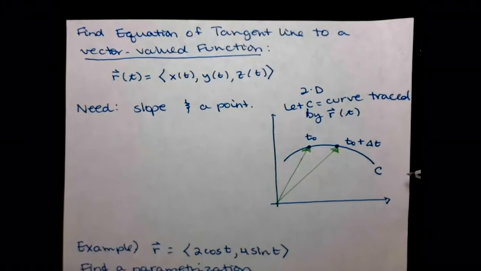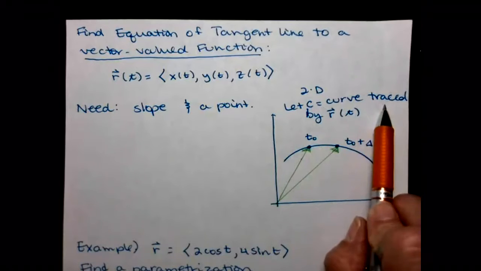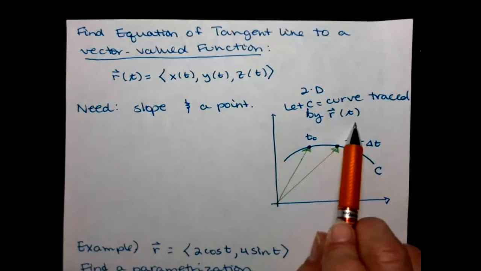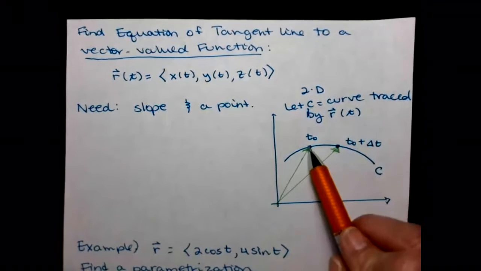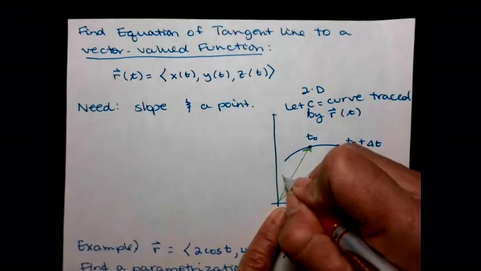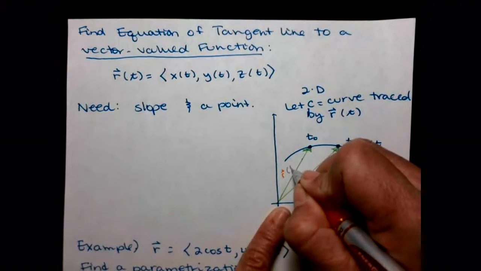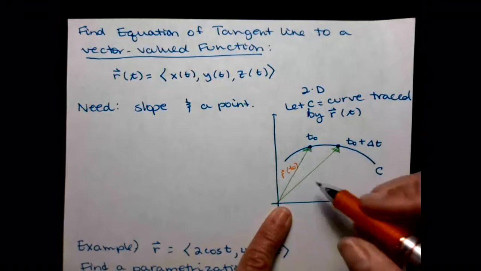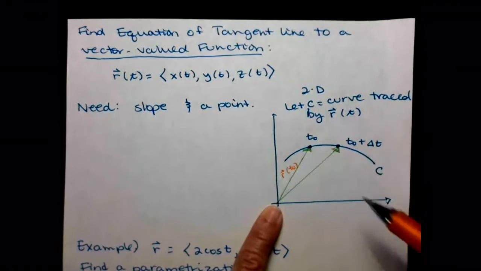Now, I started off with a 2D curve over here just so that I had some hope of graphing it. We're going to let C be the curve that's traced by our vector-valued function, r of t. I'm going to start at this point, t naught, some place where we start. We could have a vector r of t naught, the position vector from the origin out to that point on our curve.